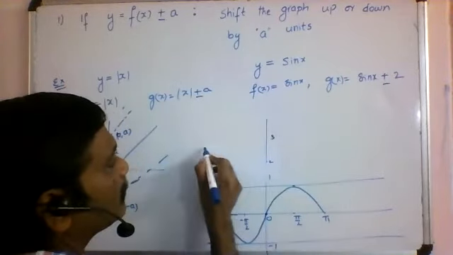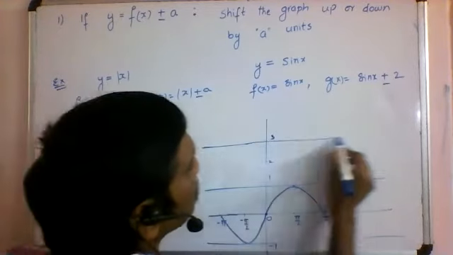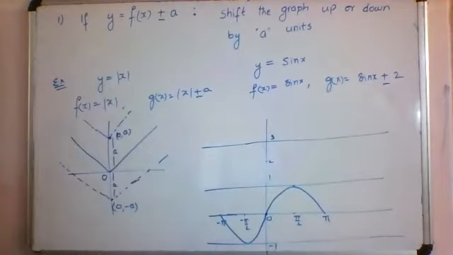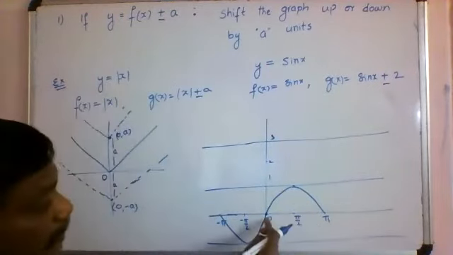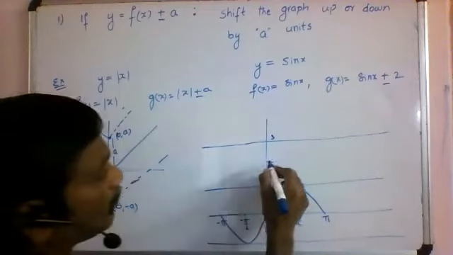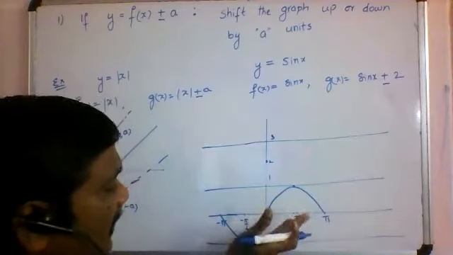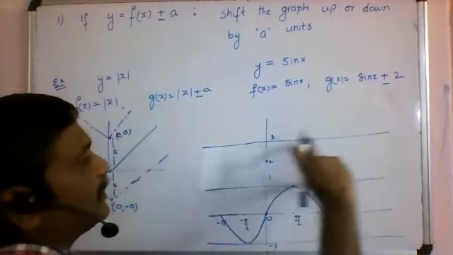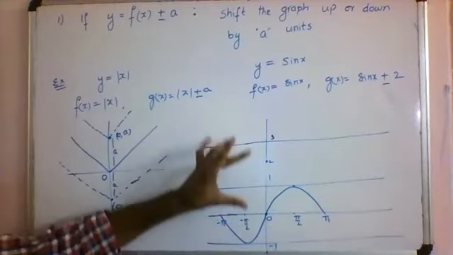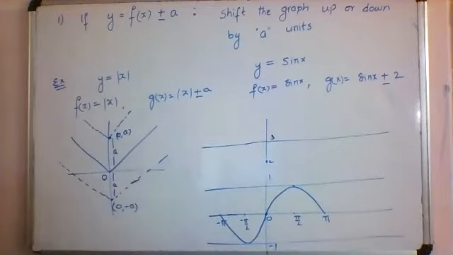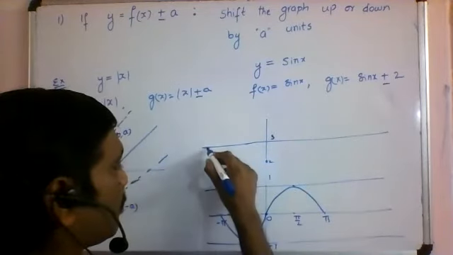For the new graph, the maximum value should reach 3, and 0 goes to 2, because 0 plus 2 is 2. So the same graph must occur between 1 and 3. So you are going to do it like this.